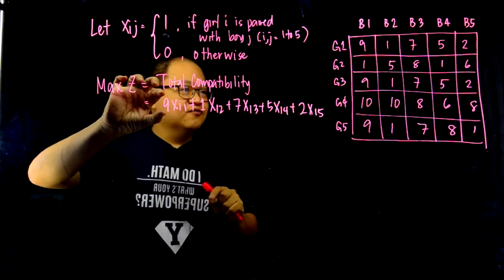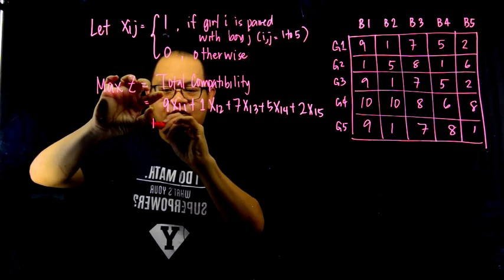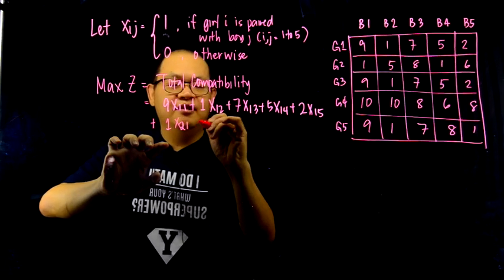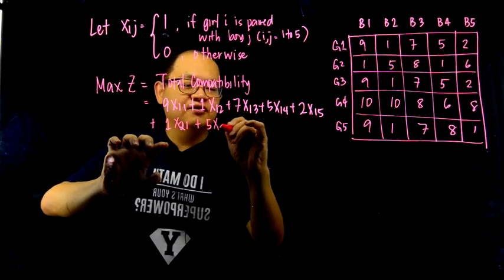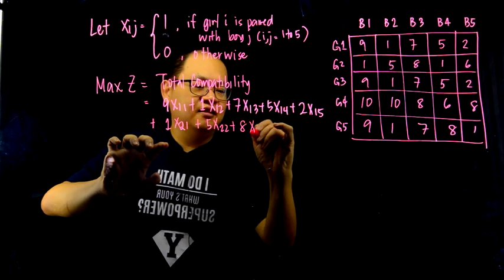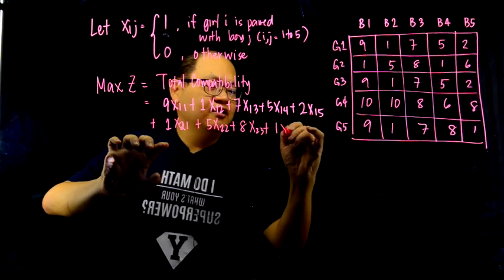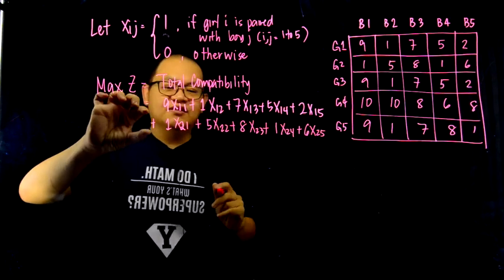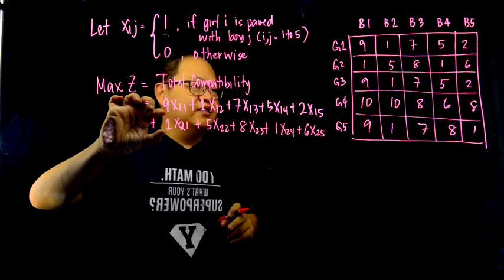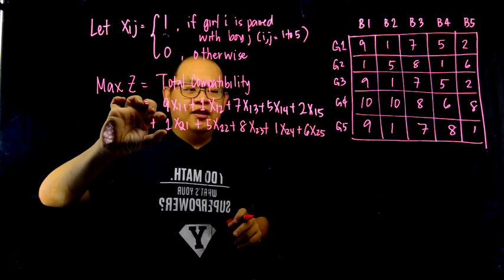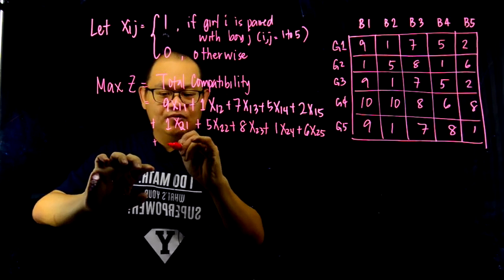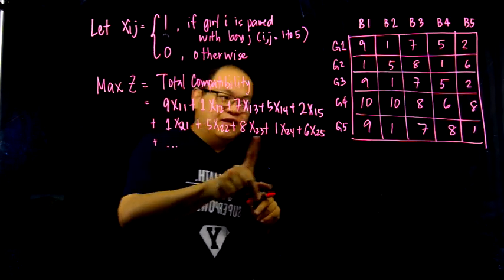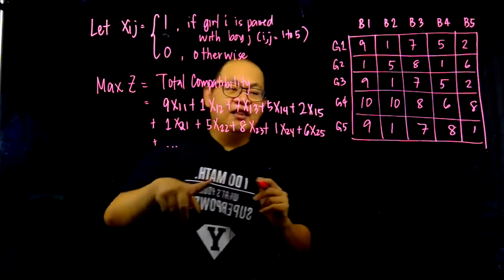Now, because this is just for girl 1, we have to add for girl 2. So that is 1x21 plus 5x22 plus 8x23 plus 1x24 plus 6x25. So this is your compatibility rating that you will get for girl 2. And we don't want to write everything. We do the same thing for girl 3, girl 4, until girl 5.